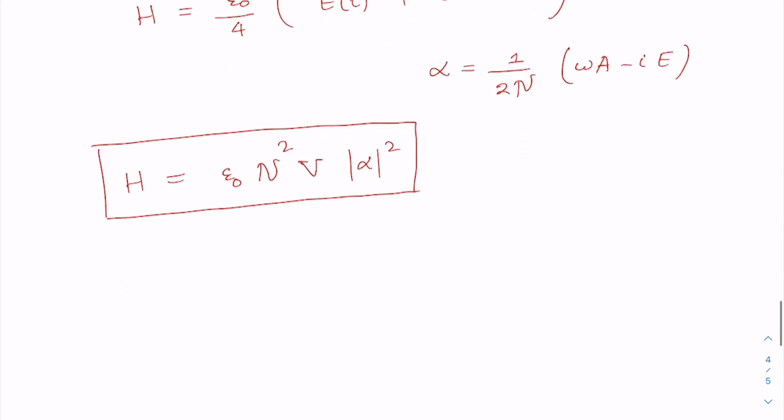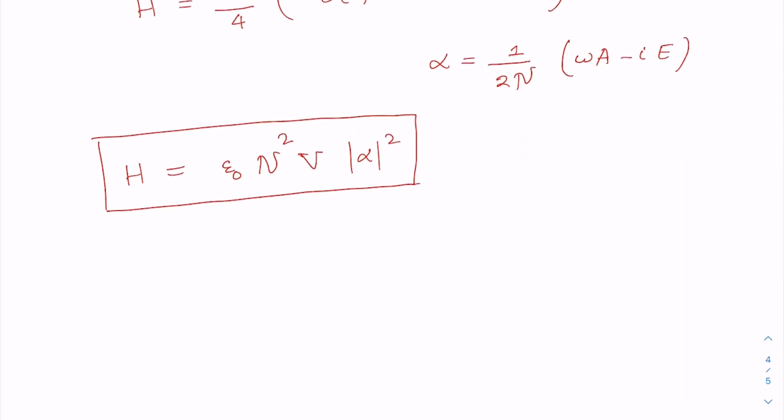Okay, now exactly the way we have done earlier for the propagating waves, we can choose this constant n as square root of h cross omega divided by epsilon 0 v.